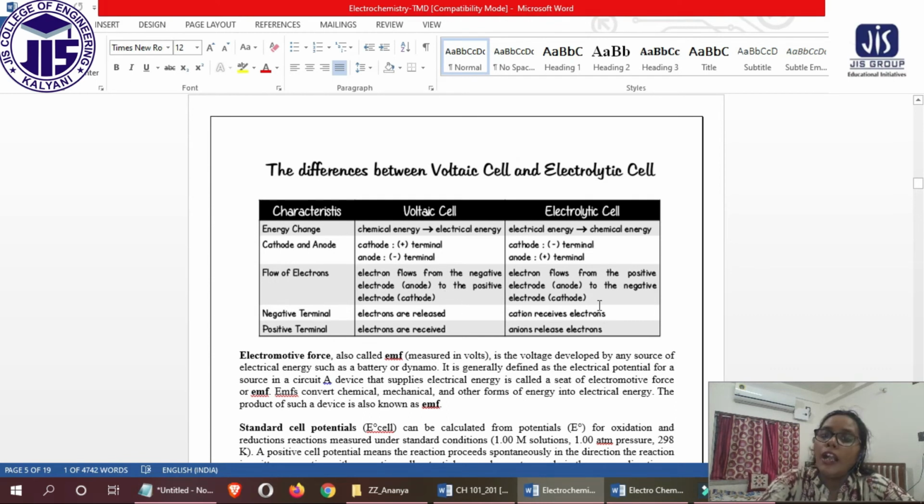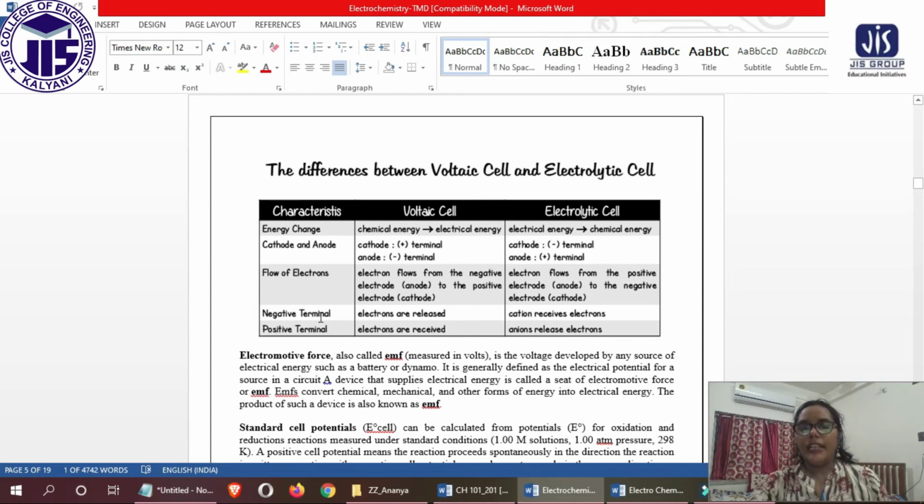In the electrolytic cell, electrons flow from the positive to the negative. For the voltaic cell, at the negative terminal, that means at the anode, the electrons are released, and for the electrolytic cell, the cation receives the electron.